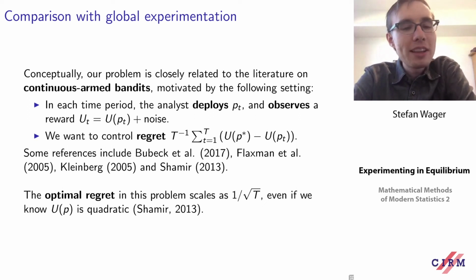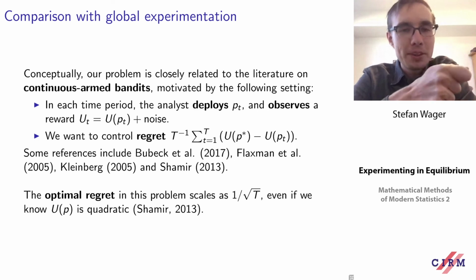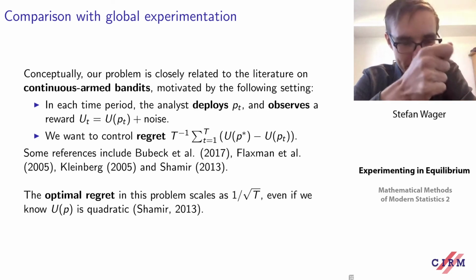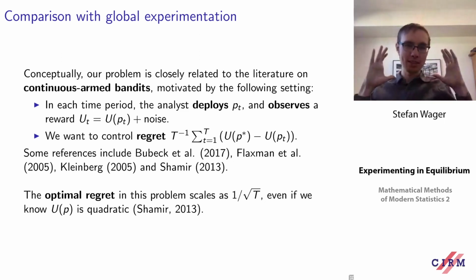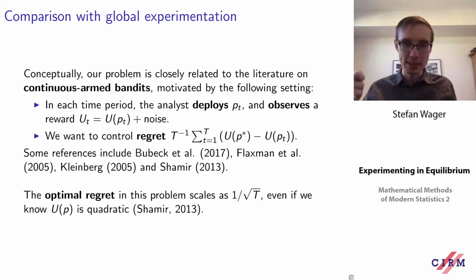In the case where every day you just deploy a specific target payment P_T, you can think of this as an instance of the problem where there's some expected utility, U of P_T, and every day, if you deploy P_T, you observe U of P_T plus noise. The noise comes from maybe it being a sunny day or a rainy day.